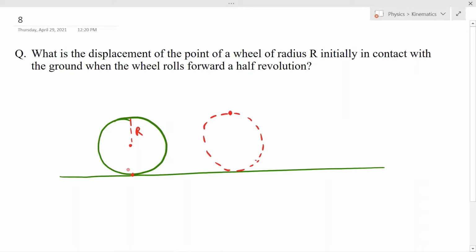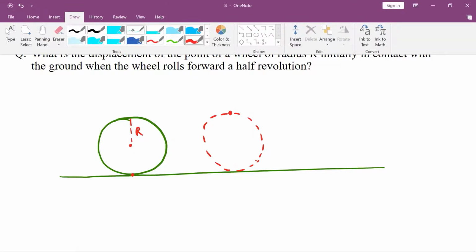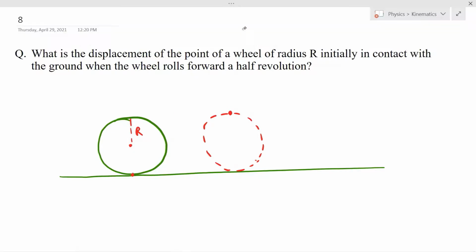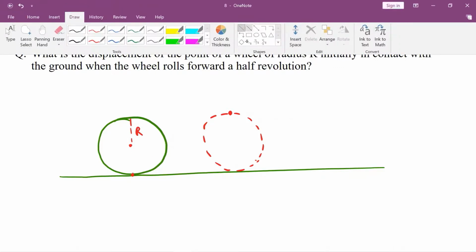So in a half a revolution, this point will go to this, and simultaneously the wheel will move forward, so it will be somewhere here. So this is my diagram, and now I am done with the problem actually, because now there is nothing more difficult left to do.